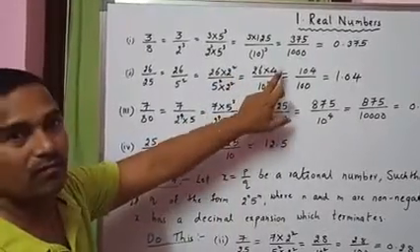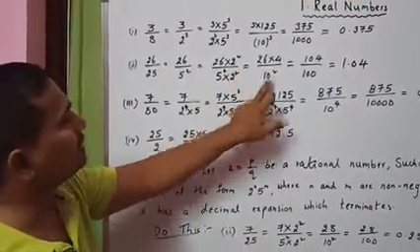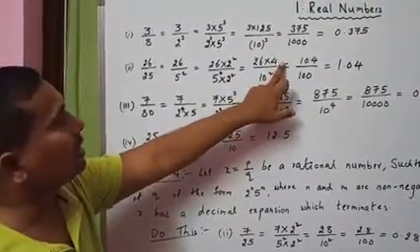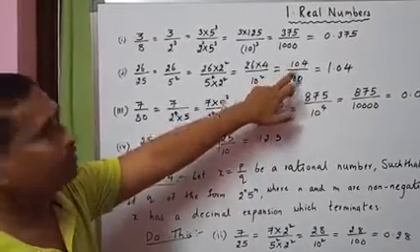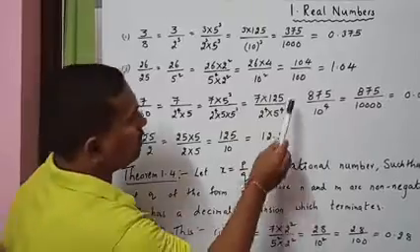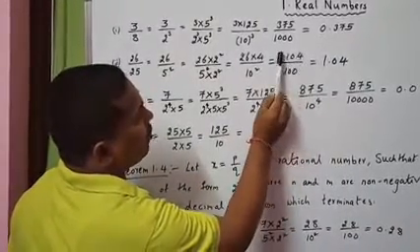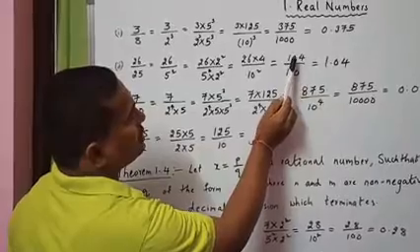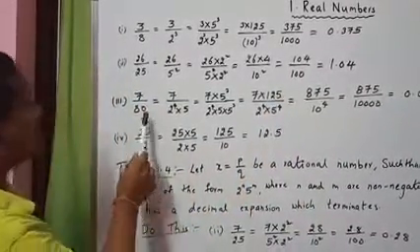What is 2 square? 4. Here 5 square into 2 square, 5 twos are 10, 10 square. 26 fours are 104. 10 square is 100. So the denominator has 2 zeros, so 2 digits after the point: 1, 2. 1 before the point. That is 1.04.